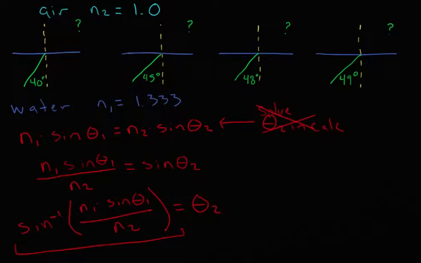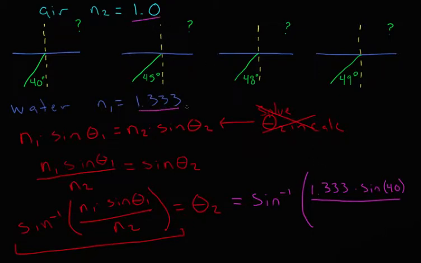So we would get sine^-1 of n1, whatever our first medium is, which is water, so we'll use 1.333, times the sine of 40 degrees. And that's all divided by the second index of refraction, in this case air, so it's just 1. If we do that in our calculator, we get 59 degrees.